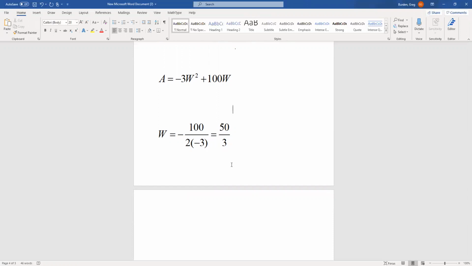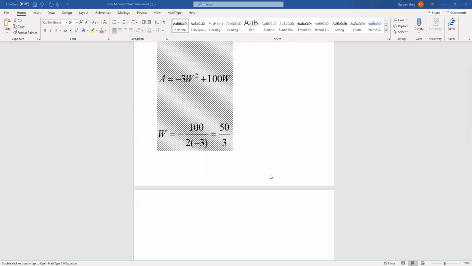So if you take the 100, half of that is 50. That'll be the length. I'll go ahead and throw that in here. And I should, of course, say these are feet.